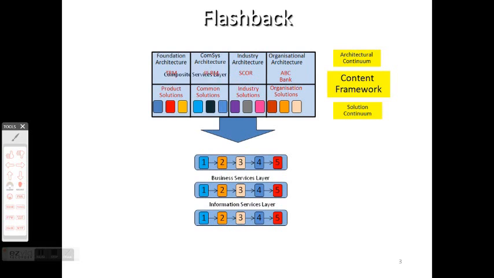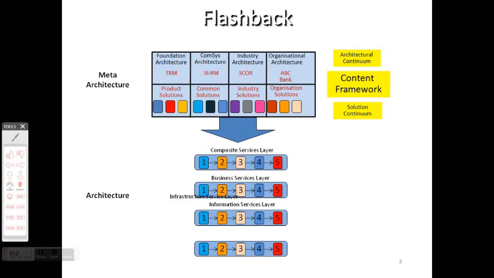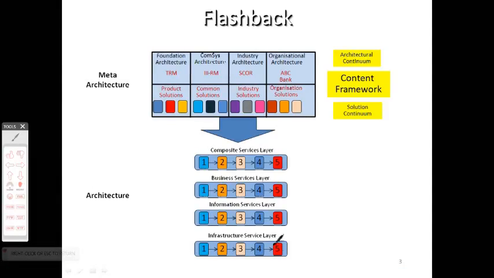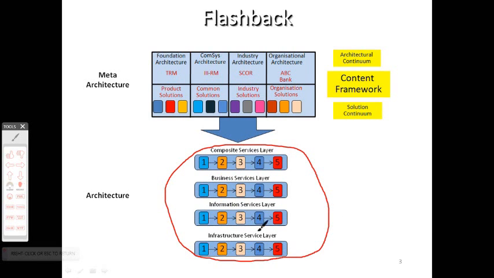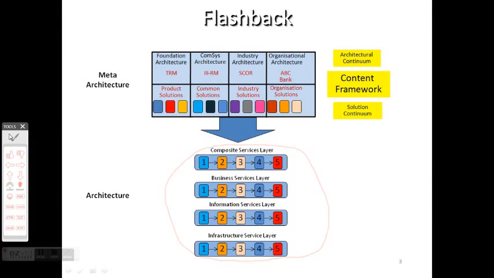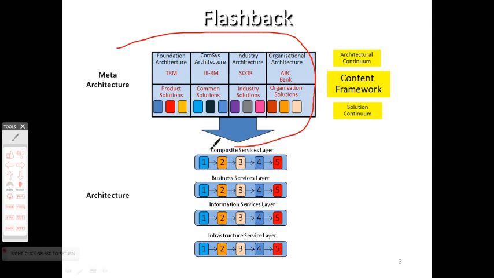And I explained how those layers can be formed in terms of information layers, business layers, and composition layers, as well as infrastructure service layers. And we explained how this represents our actual architecture, whereas this represents our enterprise meta architecture.